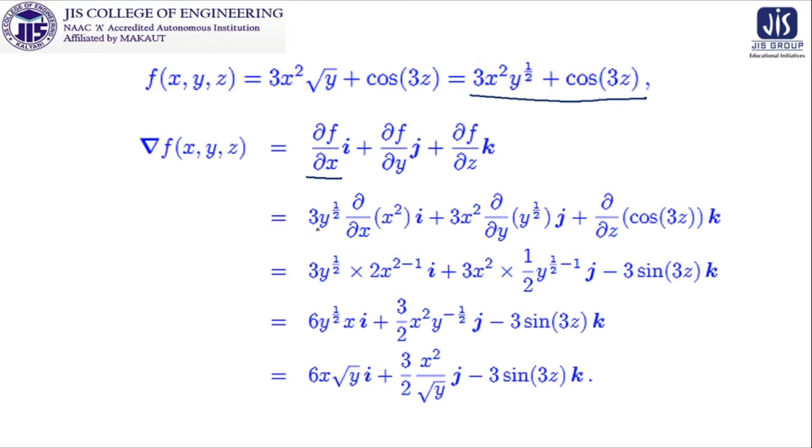So what they have shown is that 3y to the power half, as it is treated as a constant, comes out, then del x of x square will be 2x, and ultimately you will get 6x y to the power half with i. So we can write it as 6x root over y with i.